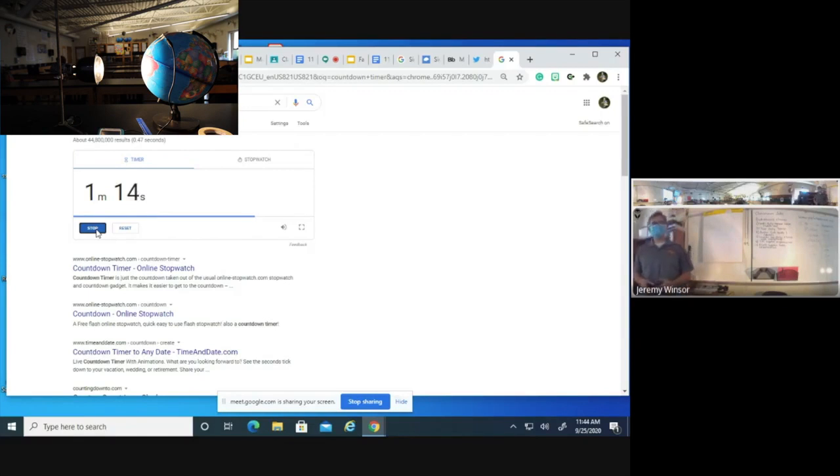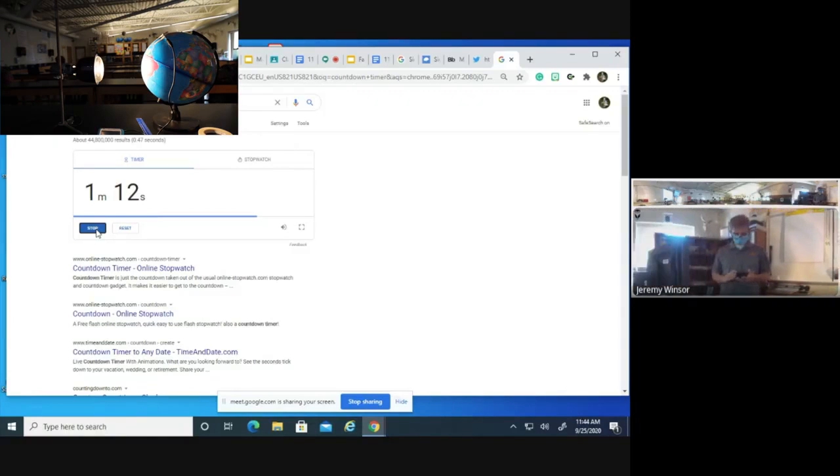We have 1 minute, 15 seconds remaining of our data collection. What's the temperature? The temperature right now is 30.1 degrees Celsius.